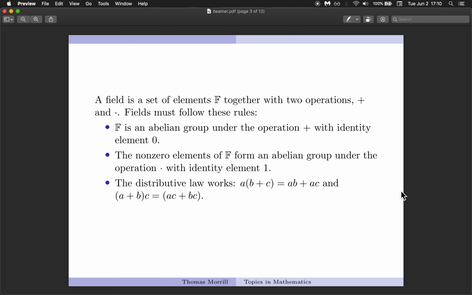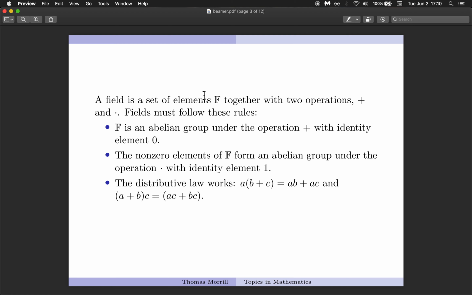A field has a set of elements, and I'll call this set F. I've typeset this with the blackboard bold that I've been using for special sets like the integers Z, the rational numbers Q, the real numbers R, and the complex numbers C. So F is going to be the set of our elements, and fields have two operations, where we saw before that groups have one operation. So these are the rules.